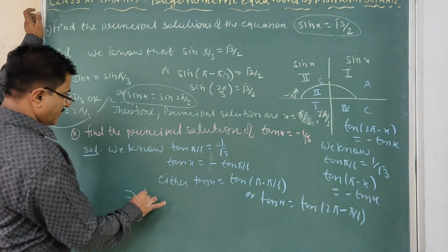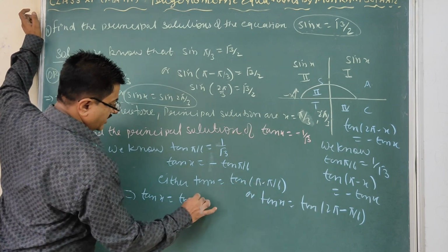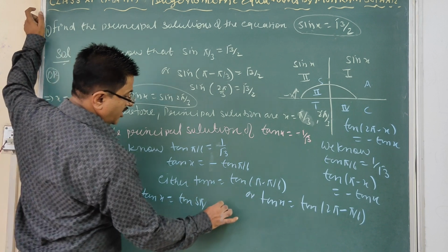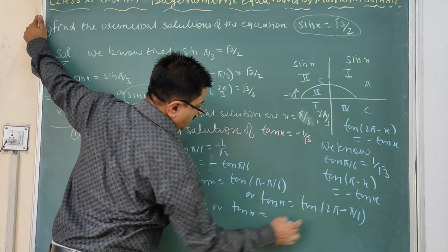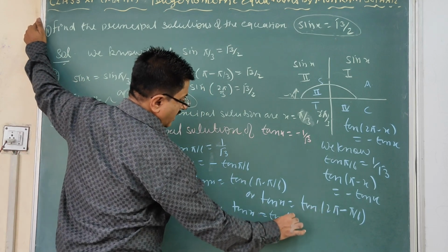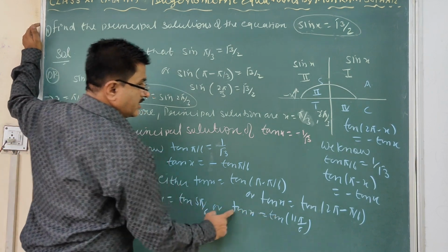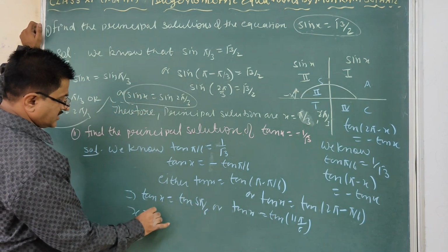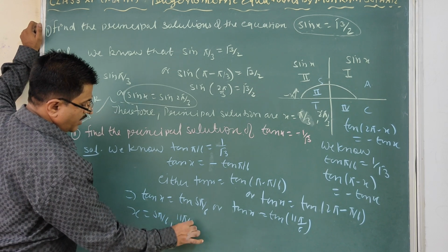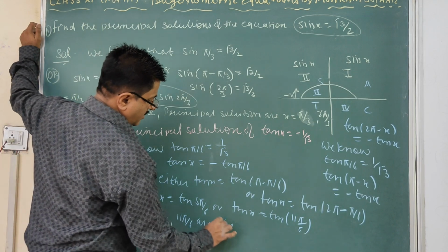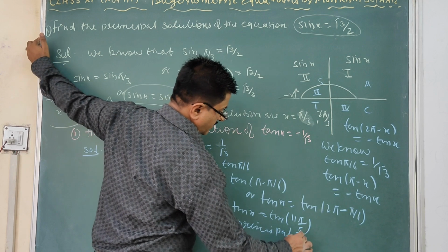So therefore, tan x equal to tan 6 minus 1, that is 5 pi by 6. Or tan x equal to, this is 12 minus 1, so tan 11 pi by 6. Now tan remove on both sides. So what we get finally, x equal to 5 pi by 6 and x equal to 11 pi by 6 are the principal solutions.